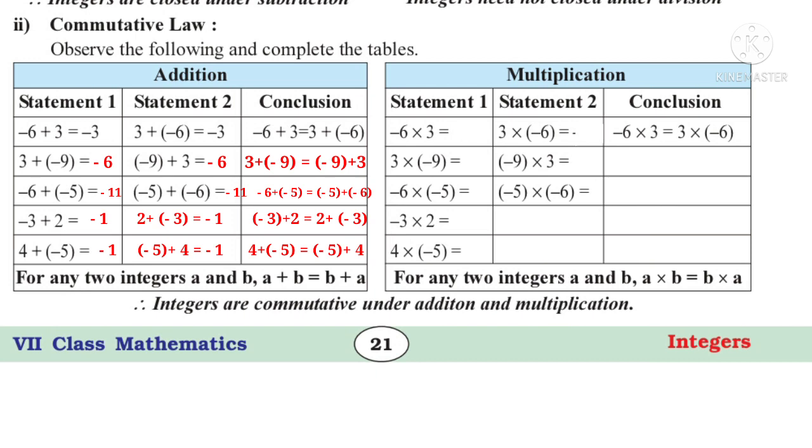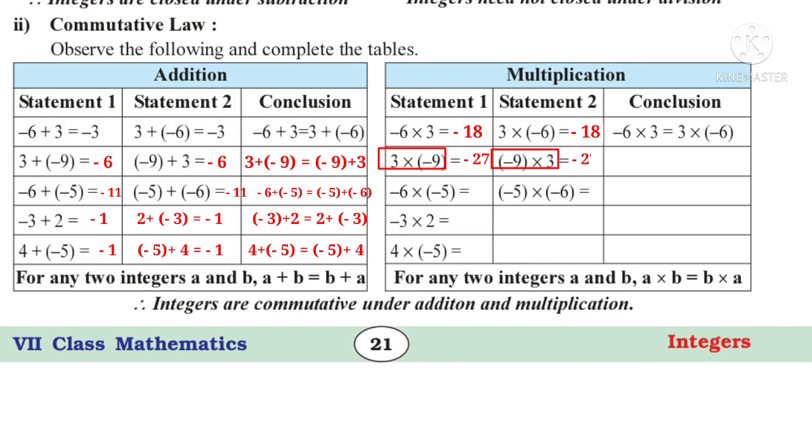Now let us take the multiplication operation. In the first statement, take two different integers, minus 6 and 3. Just multiply. Minus 6 into 3 gives minus 18. Now interchange them. 3 into minus 6 also gives minus 18. So minus 6 into 3 is equal to 3 into minus 6. Now in the second example, 3 into minus 9 is equal to minus 27.